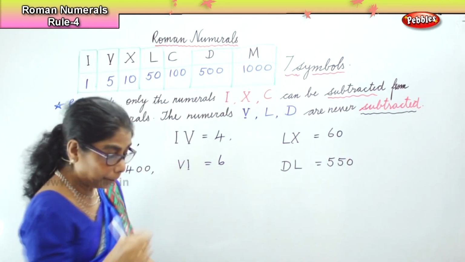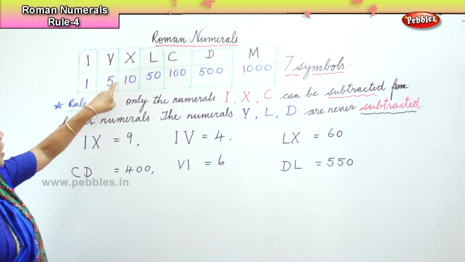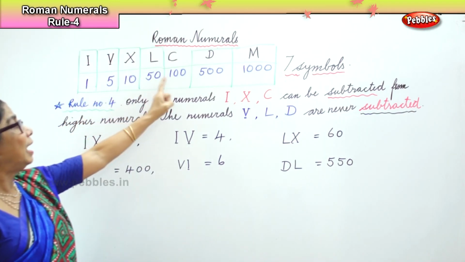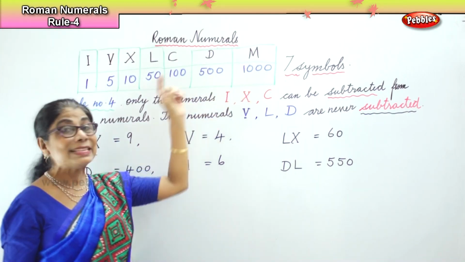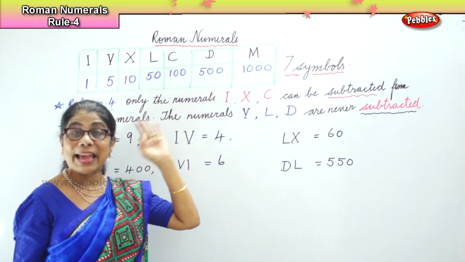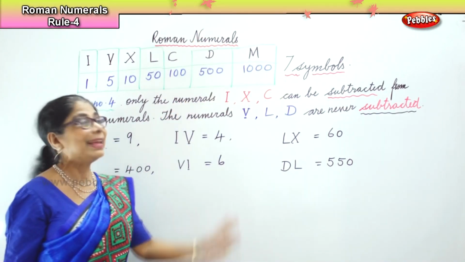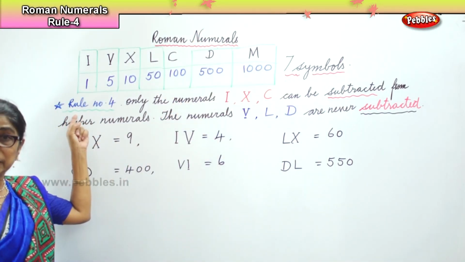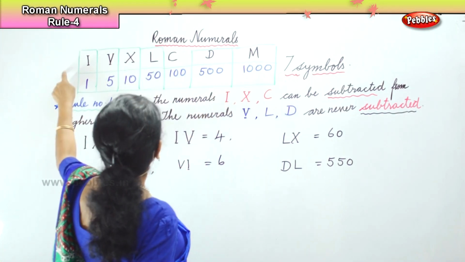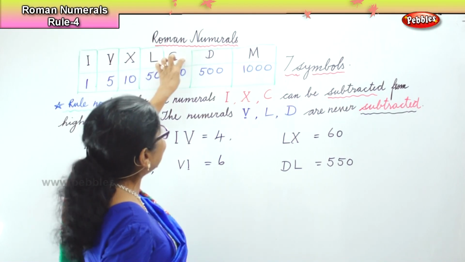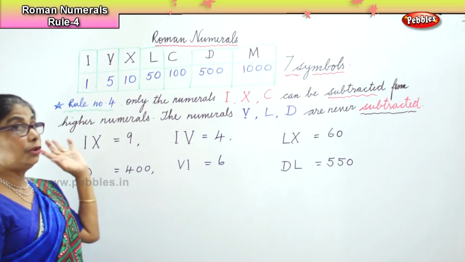All right. Now, let's look at 1, 5, 10, 50, 100, 500, 1000. These are the 7 main symbols in Roman numerals. Rule number 4 says only the numerals 1, 10 and 100 can be subtracted from the higher numeral.